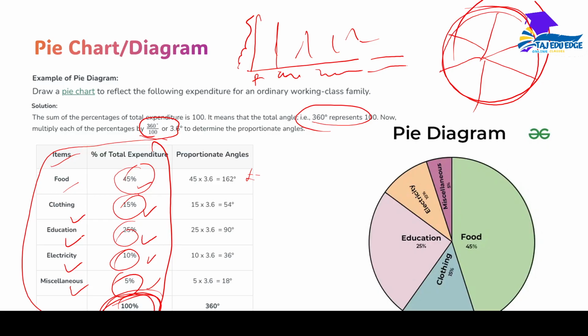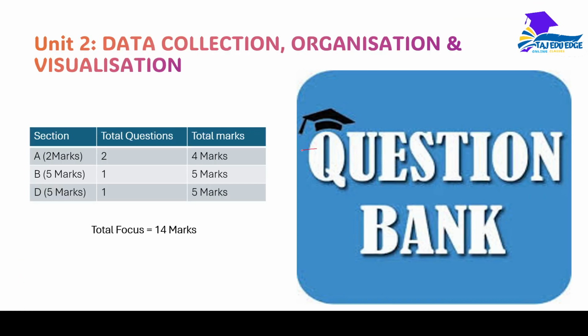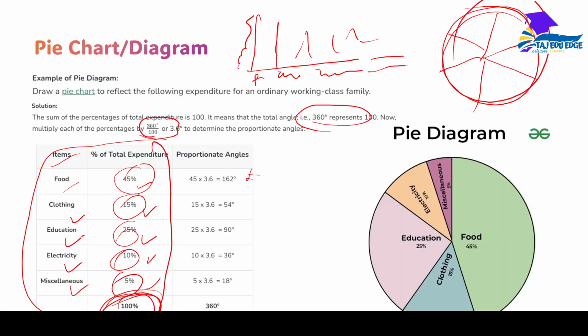In the protractor, first we need to draw one line. After that, let me draw one circle. In the middle of the circle, I need to put a point and draw a line here.